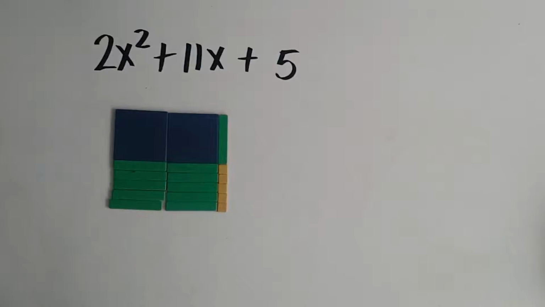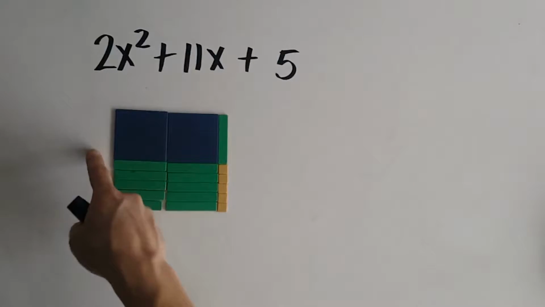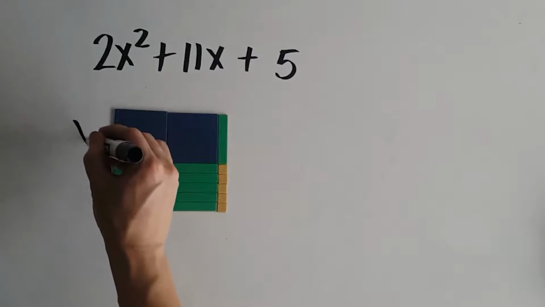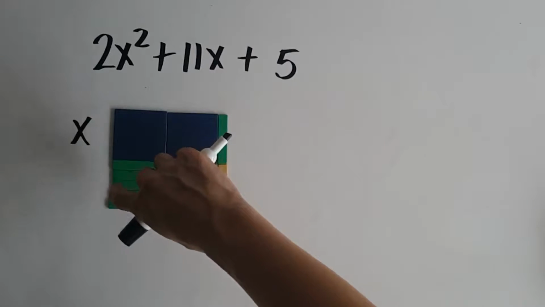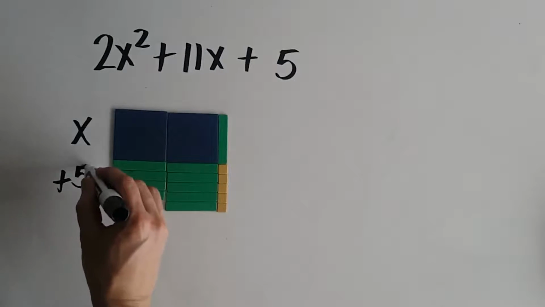So now I'm going to write the expression for each side. The length of one side of my square would be x. And the length of one side of each of these is 1, 2, 3, 4, 5 ones, so this would be a plus 5.